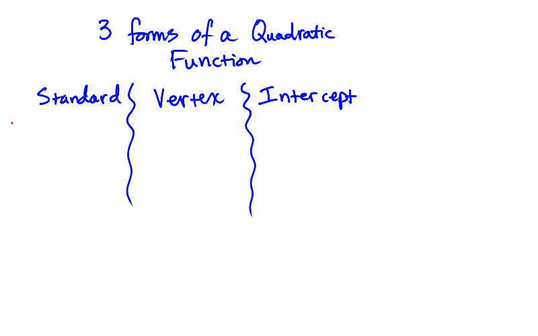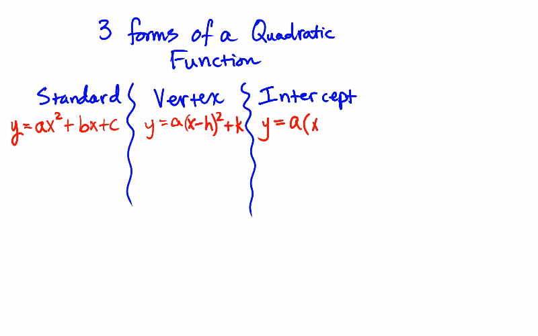Standard form looks like this: y equals ax squared plus bx plus c. Vertex form looks like this: y equals a times (x minus h) squared plus k. And then intercept form is y equals a times (x minus r) times (x minus s).